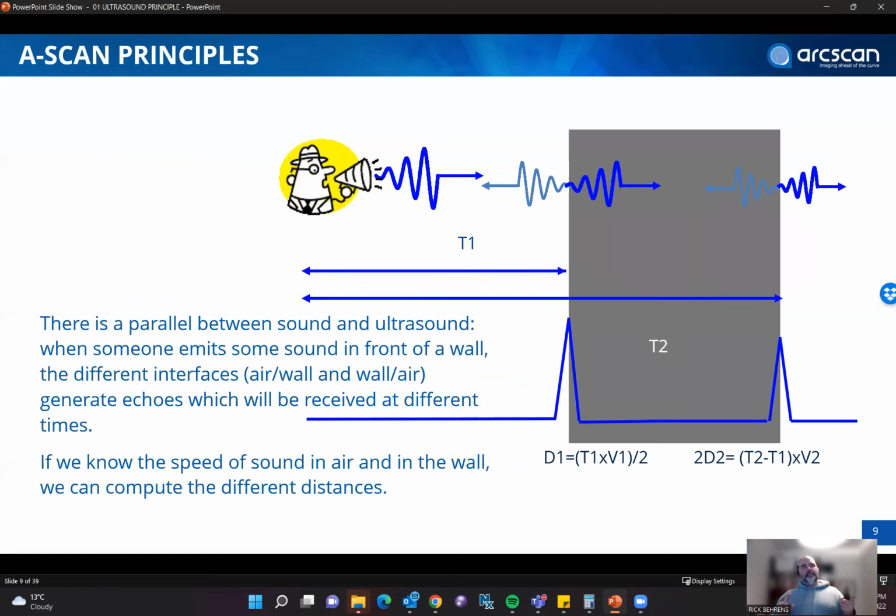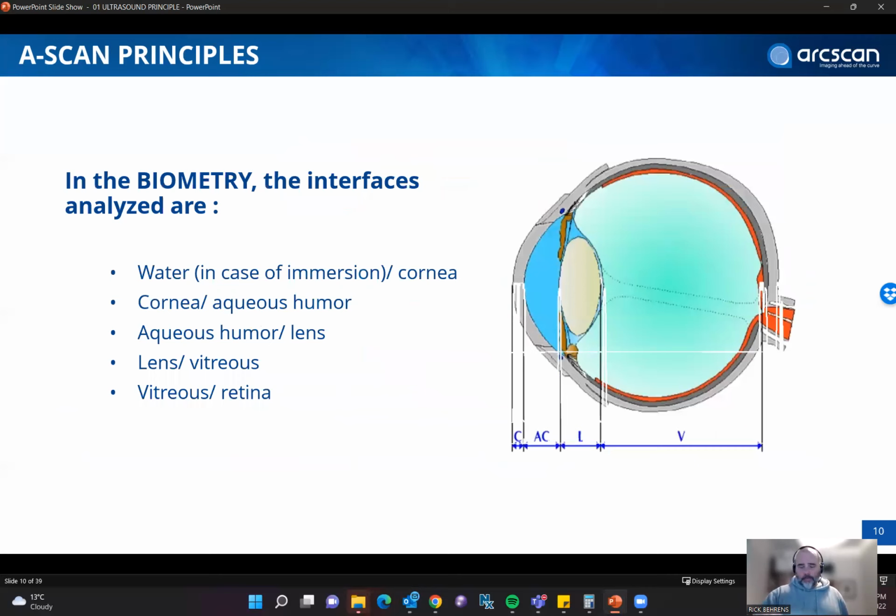It is that time difference that allows us to know exactly where we are, knowing the speed of sound in the different areas of the eye. We're not going to talk about that because we're going to make it too complicated, but the eye has different speeds around the whole eye, which is more relevant when we're talking about the whole eye and not only the anterior segment. So that's why I don't want to go into that.